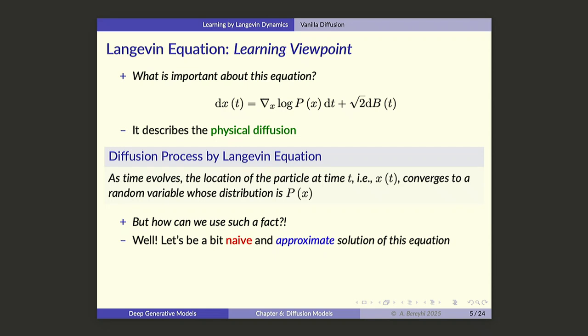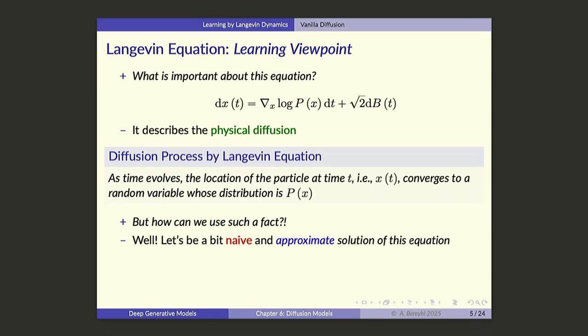Now, one key idea here, the only thing that we need to know about this Langevin equation is this particular fact: if we let x go through this dynamics, so you start at time t, you just throw that particle inside the glass of water. It doesn't matter how you send it inside, where you drop it.